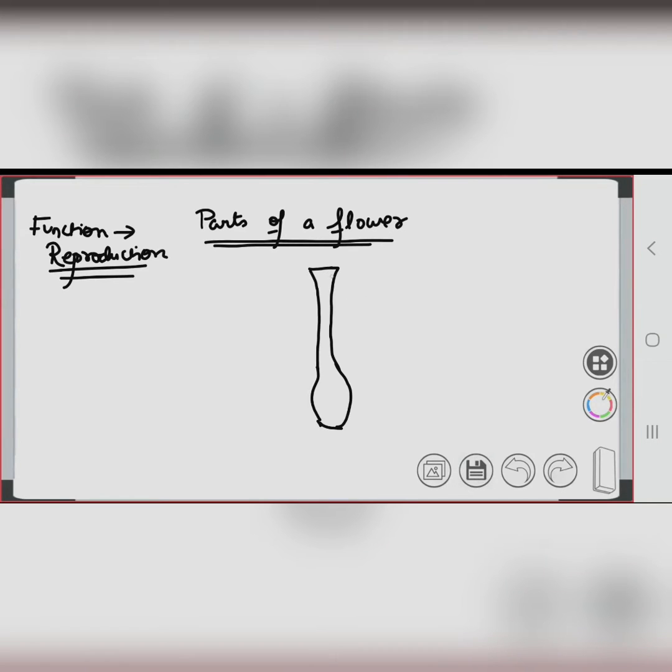The topmost part is called the stigma. Then the base, which is the swollen part, is called the ovary. And the middle tube-like part is called the style.